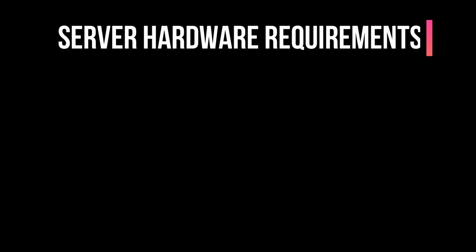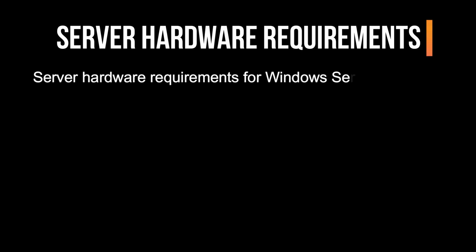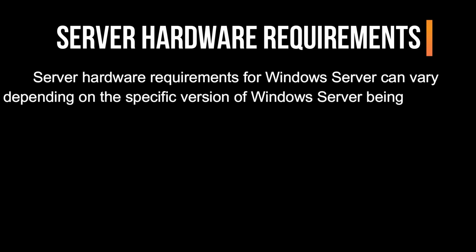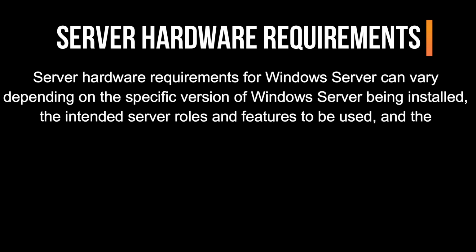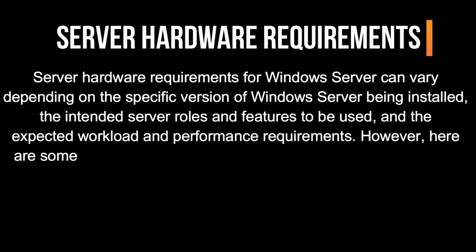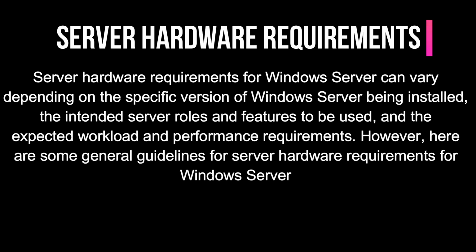Server hardware requirements. Server hardware requirements for Windows Server can vary depending on the specific version of Windows Server being installed, the intended server roles and features to be used, and the expected workload and performance requirements. However, here are some general guidelines for server hardware requirements for Windows Server. 1. Processor, CPU.